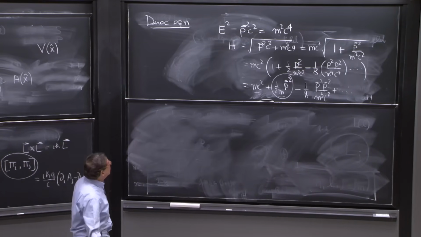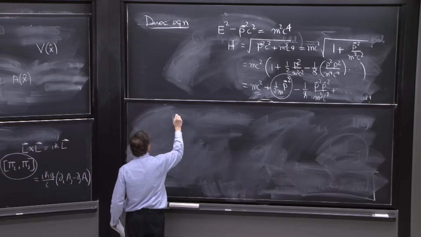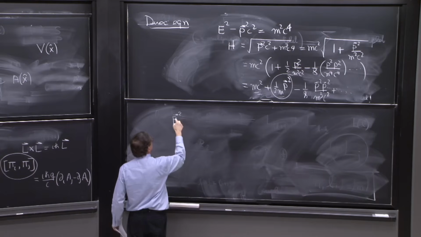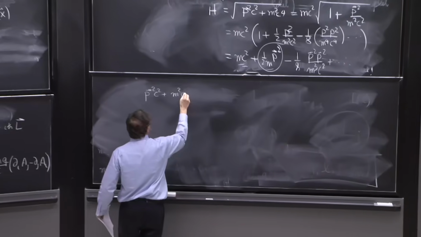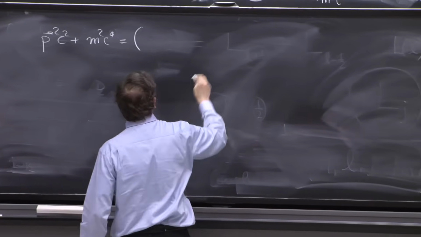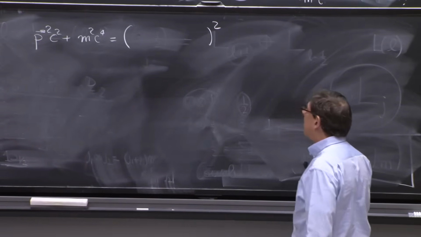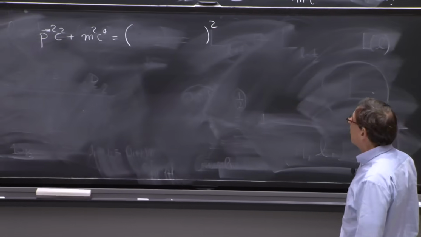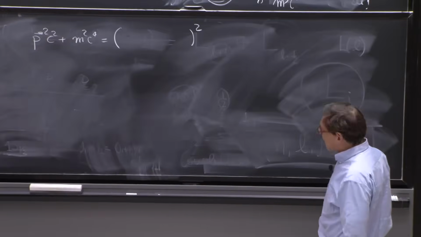What can I do to take that square root? So he said, well, I could take that square root. This has p squared c squared plus m squared c to the fourth. I could take that square root if that would be equal to something squared, which it is not, because it's missing a cross product of the right amount, and it's not there.